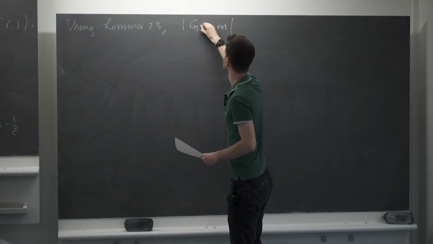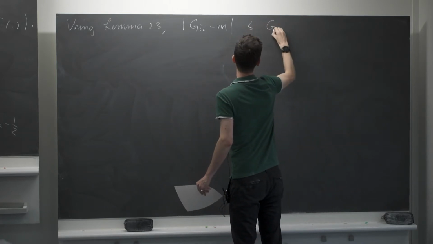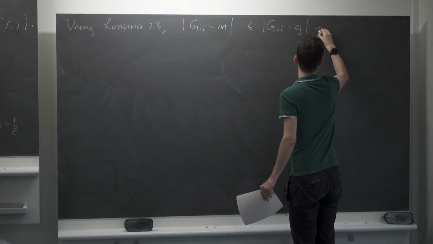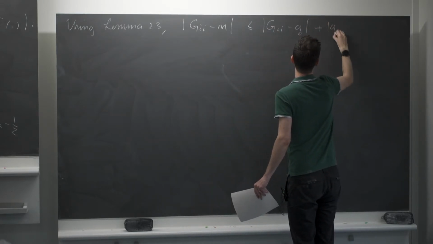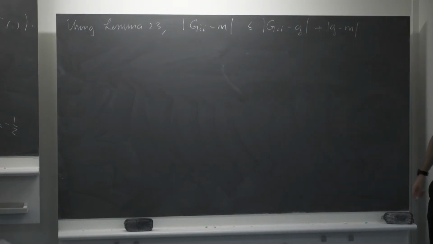So I would like to estimate GII minus M, which by the triangle inequality I estimate by GII minus G plus G minus M.